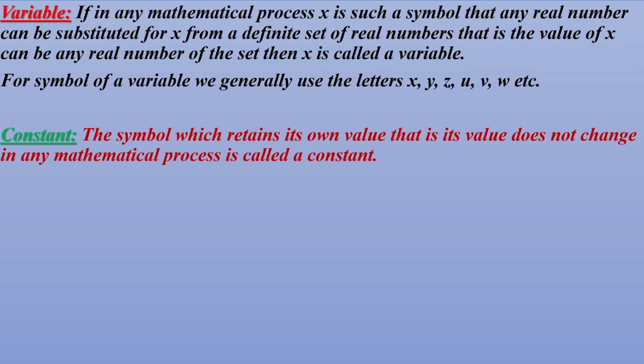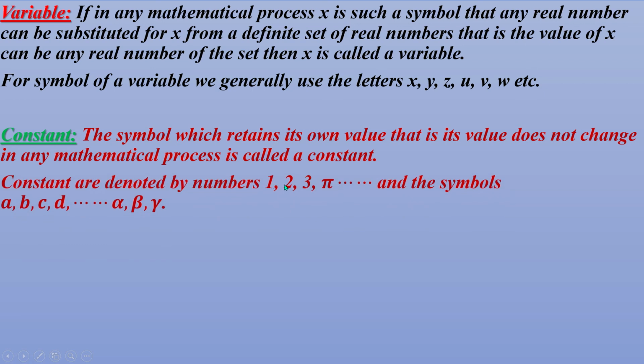So 1, 2 is a constant, or pi or e, that are constant. For example, 1, 2, 3, pi, e, small e. And the symbols A, B, C, D, or alpha, beta, gamma, this type of alphabet are used for constant. Clear?